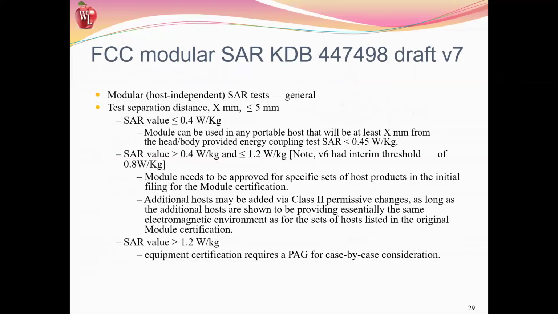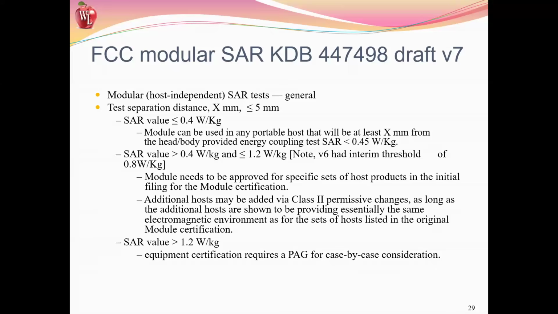For the host SAR test in general, the separation distance is less than 5 millimeters. The SAR value is at 0.4 watts, which is going to be the worst case. They need to be approved for specific hosts or a set of hosts. And you can add hosts with a class 2 change.